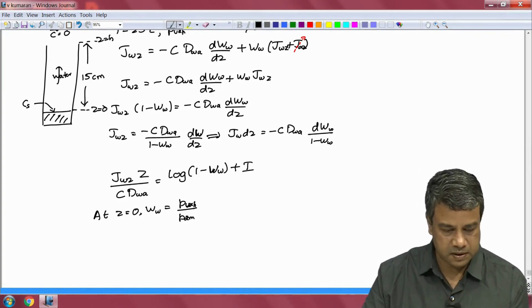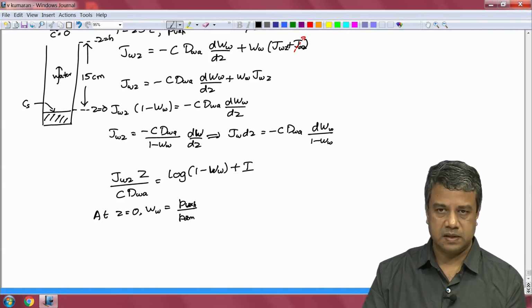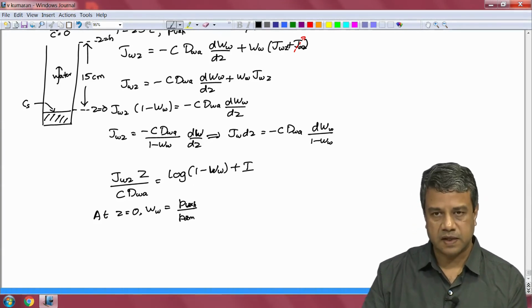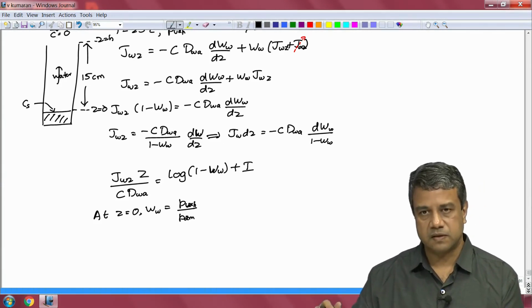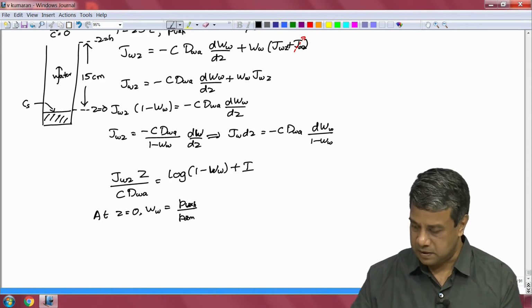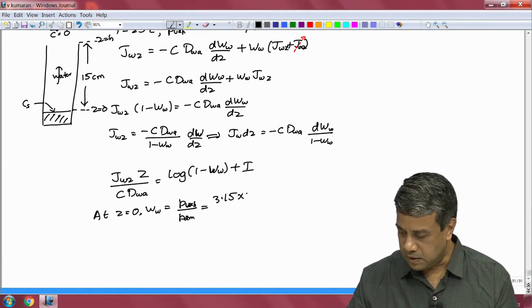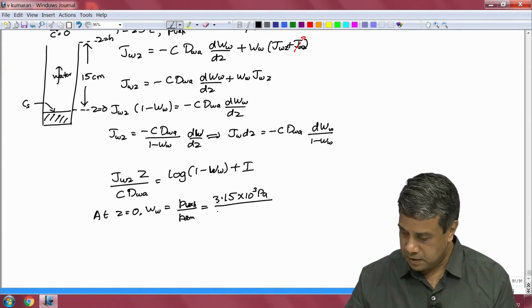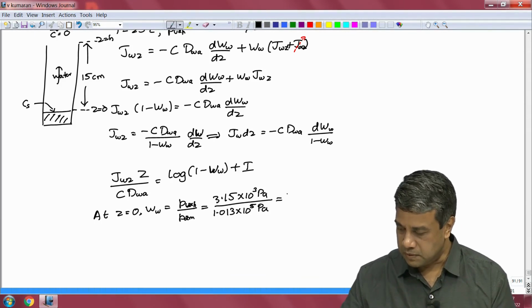The concentration of water at the surface is equal to the total concentration times the mole fraction of water at the surface. The mole fraction of water at the surface is the ratio of the vapor pressure and the atmospheric pressure, which is 3.15 into 10 power 3 pascals divided by 1.013 into 10 power 5 pascals, which is equal to 3.1 into 10 power minus 2.